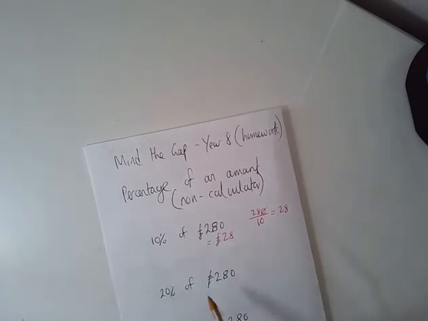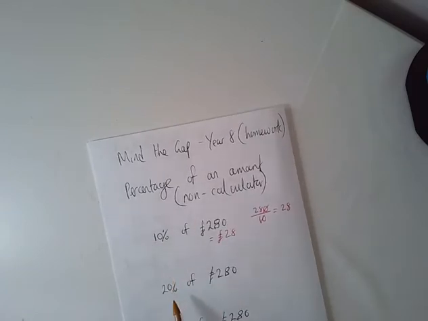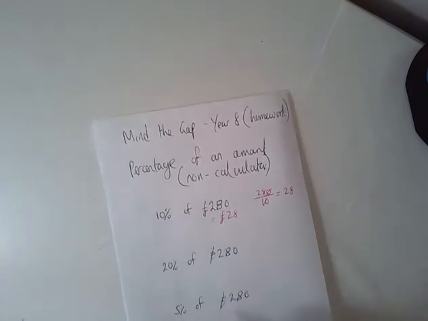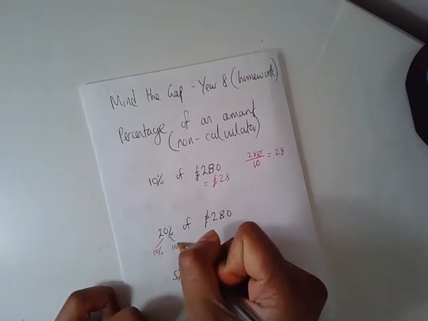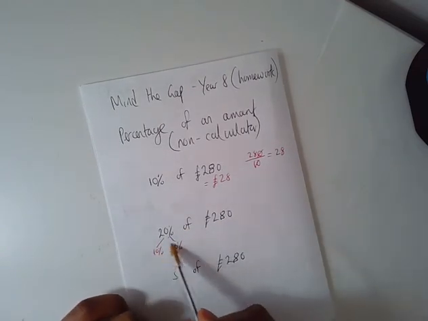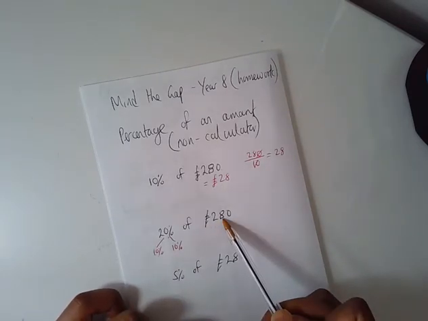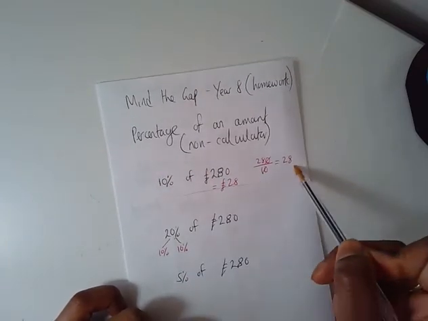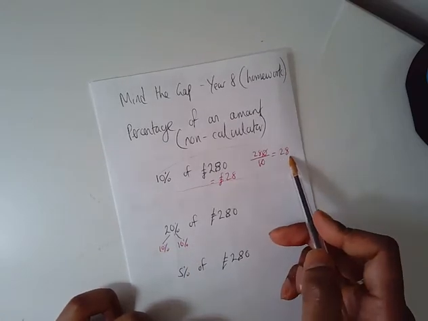So then, how do I work out 20% of 280? It's almost the same question, but instead of 10% of 280, we've got 20% of 280. You know 20% means 10% plus another 10%. That makes 20%. So 10% of 280, we've done the calculation here already. 280 divided by 10 is 28.